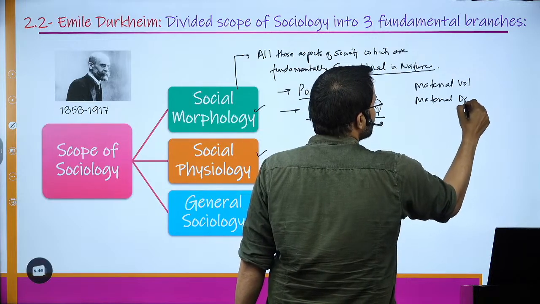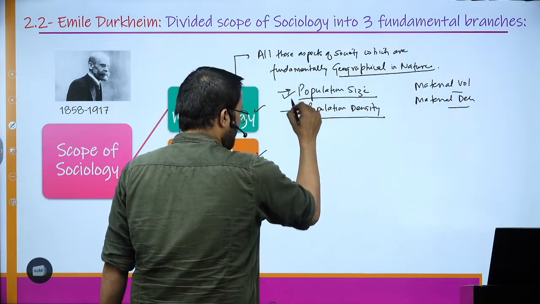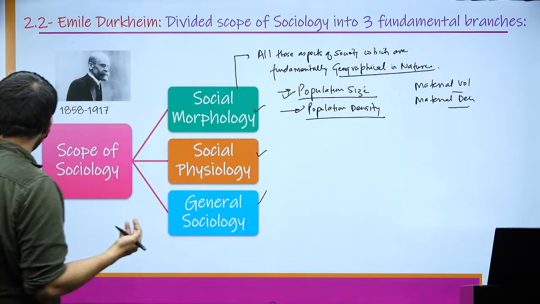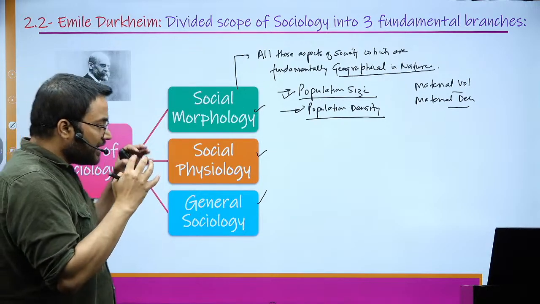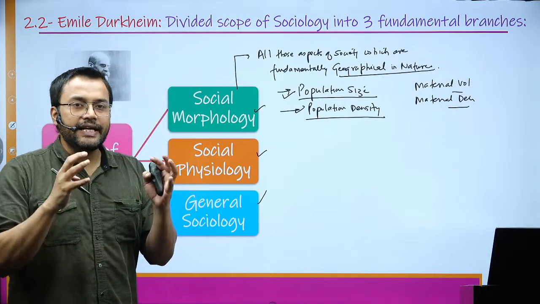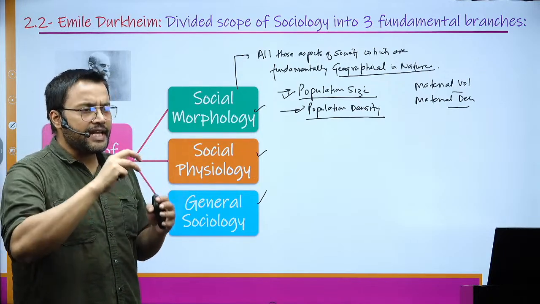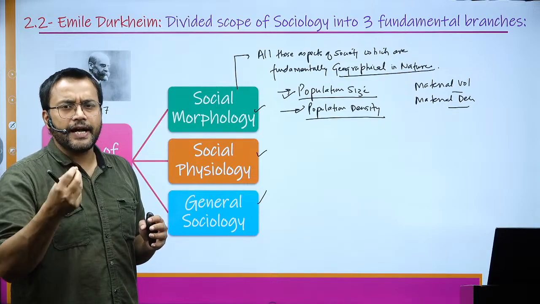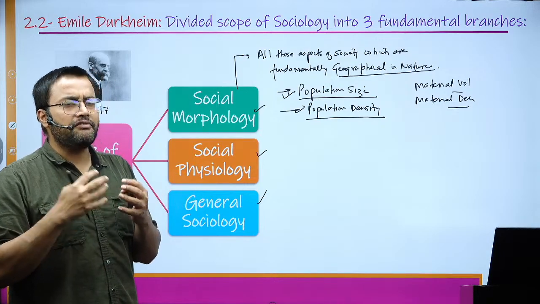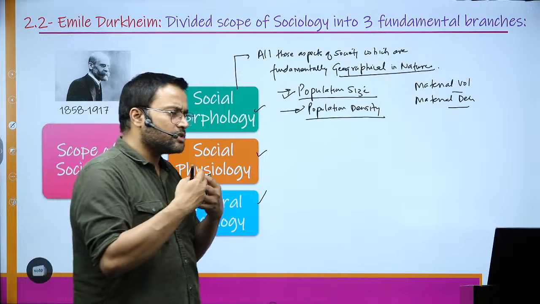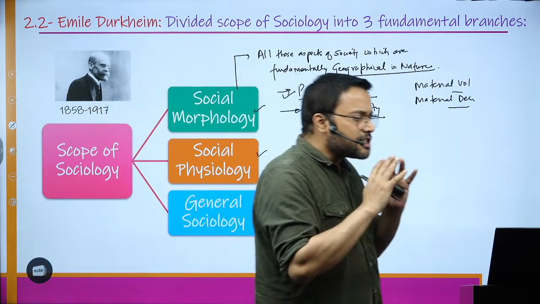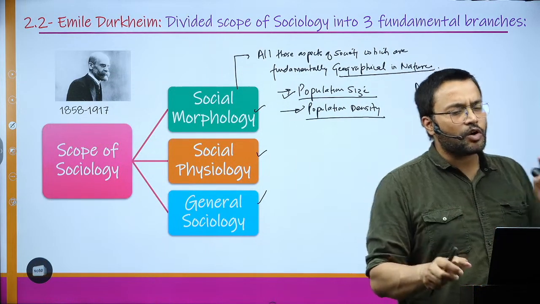As the population increases or decreases, it will increase or decrease the intensity of human to human interaction. That is why, when we have a particular area where the density of population is very high, the human to human interaction will be very high, and that results in a lot of conflict. If there's a dispersed population, the human to human interaction will not be that much.